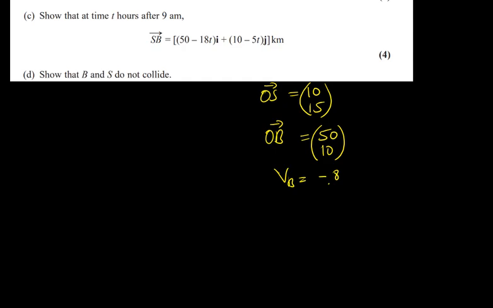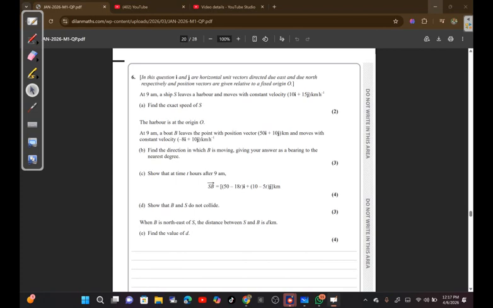Just a point of correction: this is not the point, this is the constant velocity of the ship, not of the boat. Take note of that, please. It was given in kilometers per hour, as you can see over here.